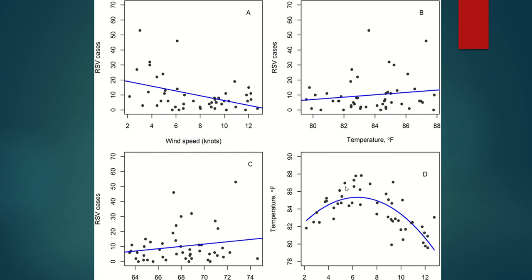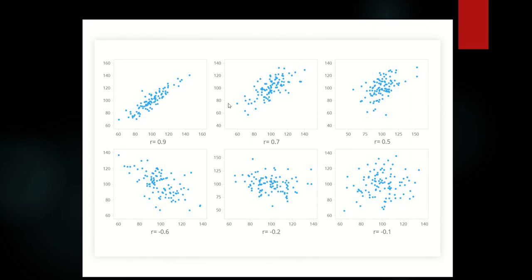Okay, so here this is a curved wind and temperature. You can see that this is a curved correlation. Now here you can see some other correlations. You cannot guess, of course, the exact point here.